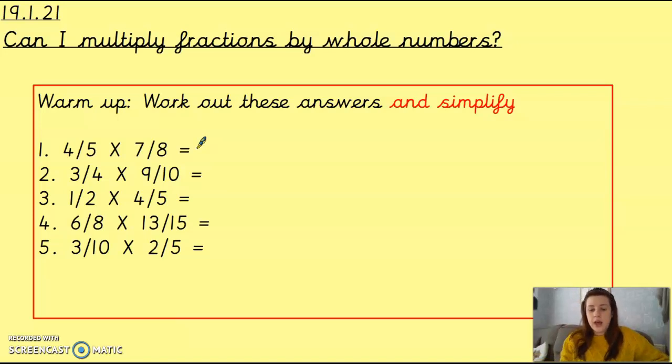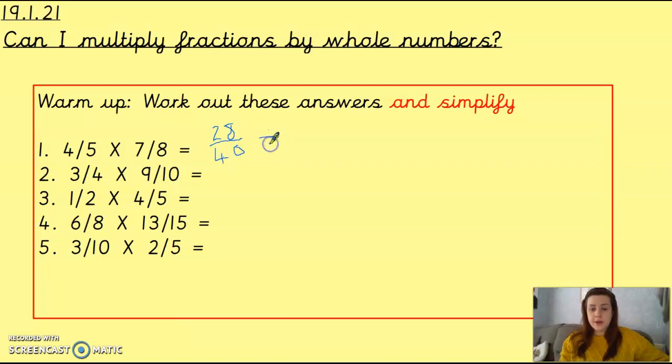Okay, so first of all, we've got 4/5 times 7/8. So we've got 4 times 7 gives us 28, and I'll try my best to draw my fractions. So we've got 28, 5 times 8 gives us 40. So before we simplified it, we should have 28 40ths.